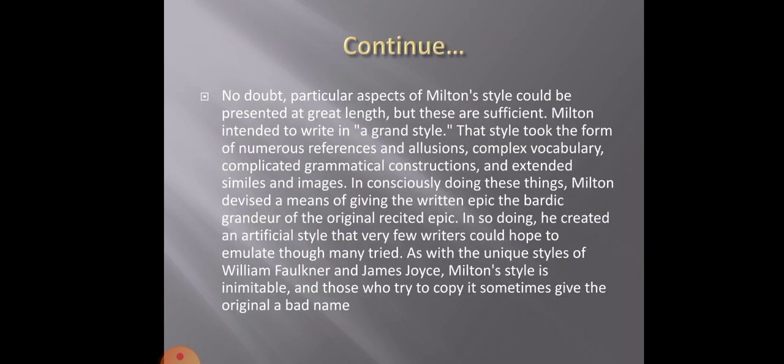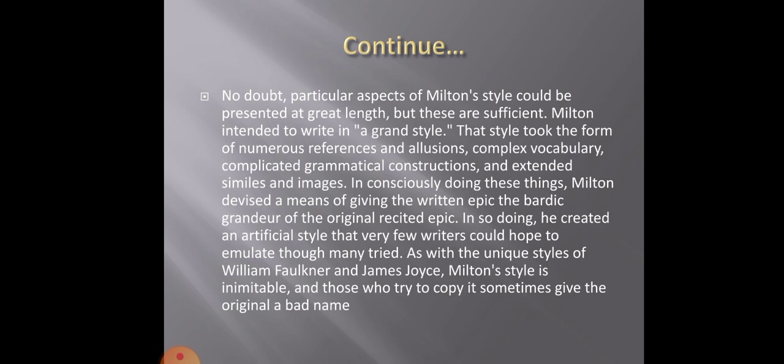No doubt, particular aspects of Milton's style could be presented at great length, but these are sufficient. Milton intended to write in a grand style. That style took the form of numerous references and allusions, complex vocabulary, complicated grammatical constructions, and extended similes and images.